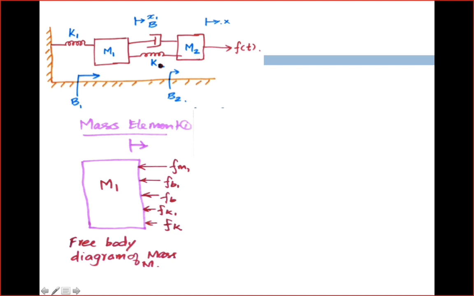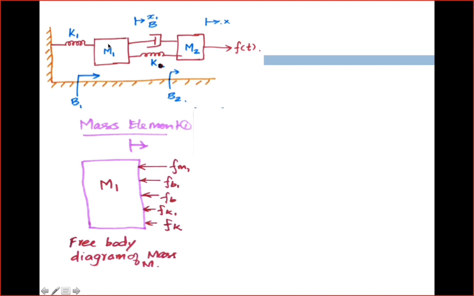So, first mass element. Now, we should know how many forces are acting on mass element 1. In order to find that, first we have to find how many links are touching this mass element.